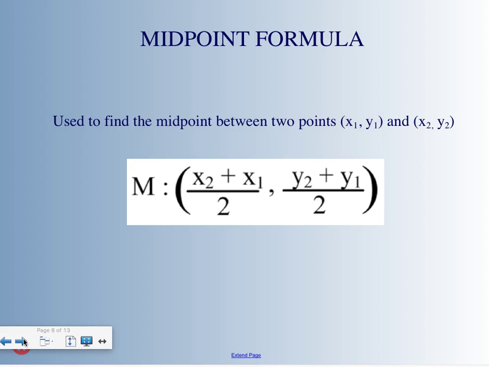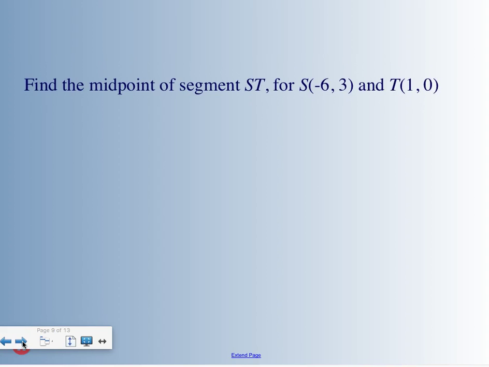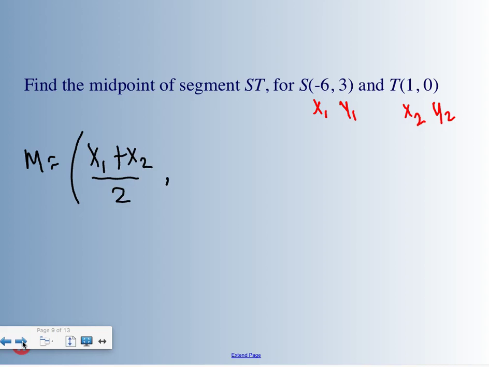First example is pretty straightforward. We're just finding the midpoint between S and T. So again, I'm going to label my points x1, y1, x2, y2. All right.